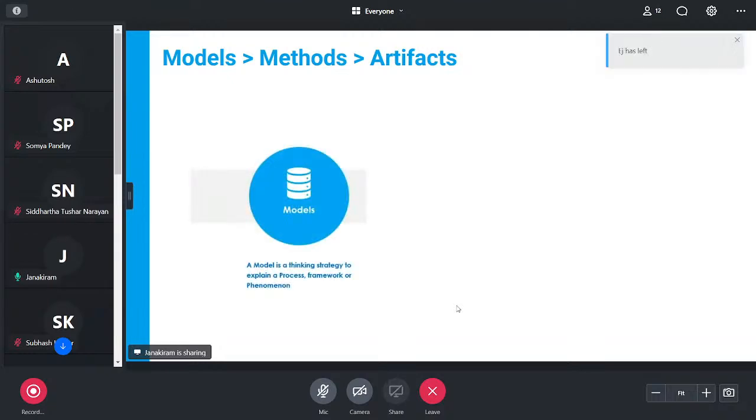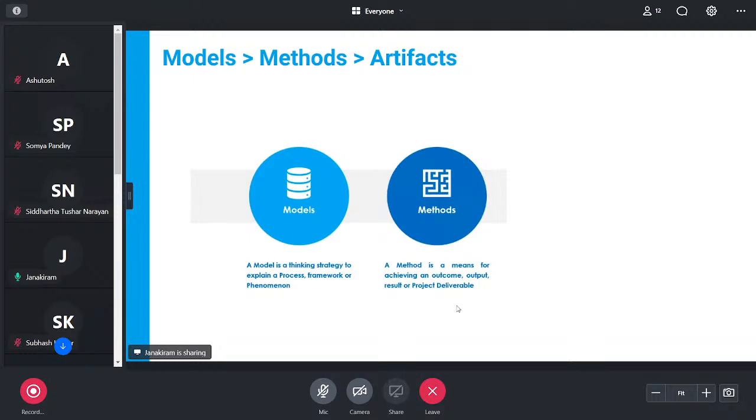A model is a thinking strategy to explain a process, framework, or phenomenon, right? So we can have different models based on different situations, the project, or which part of the project you are on. A method is a means for achieving an outcome, output, result, or project deliverable.